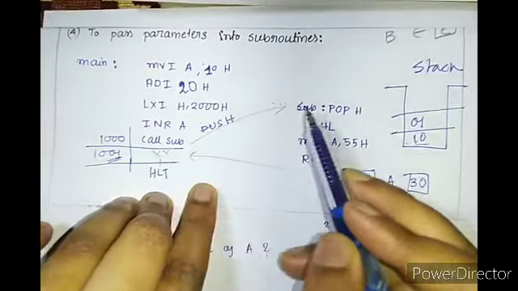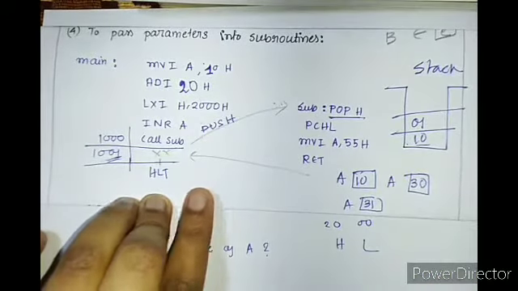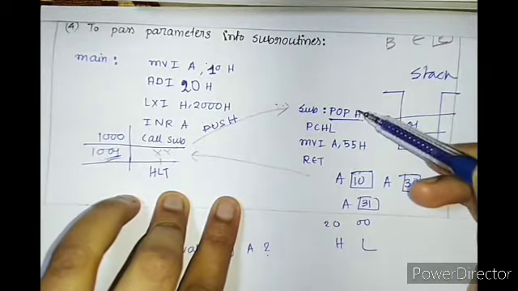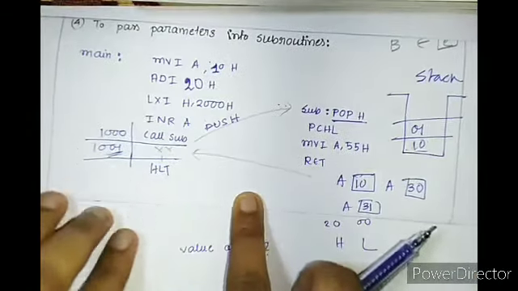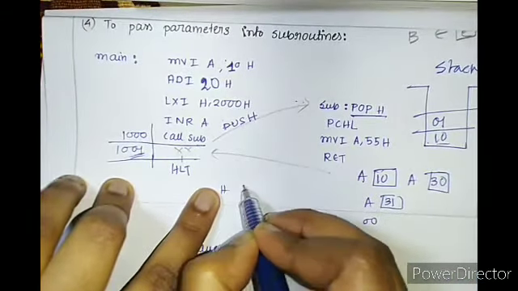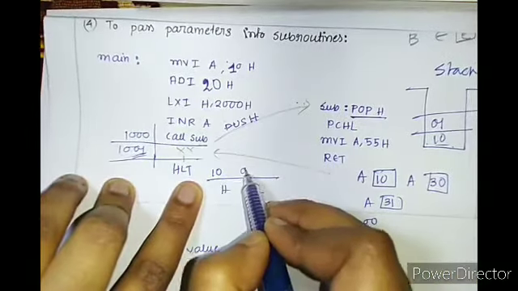It comes to the subroutine. What does it say? POP H. What is POP H? Pop the data from the stack and store it in the HL pair. Now you understand what is happening? HL is now 10001.